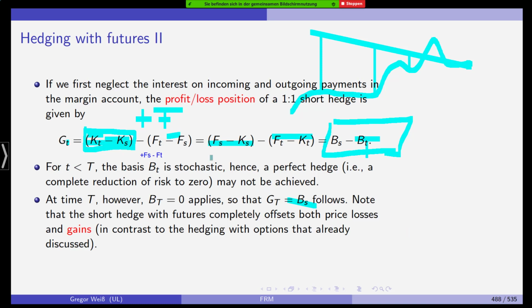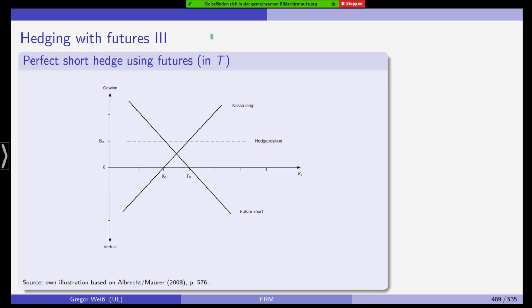So what you could do is, if you're in need of, let's say, steel or oil, and you see a price that is acceptable to you, you can simply hedge this position using a 1-to-1 short hedge, and you can fix the price using the future. So this is the profit and loss for the 1-to-1 short hedge.